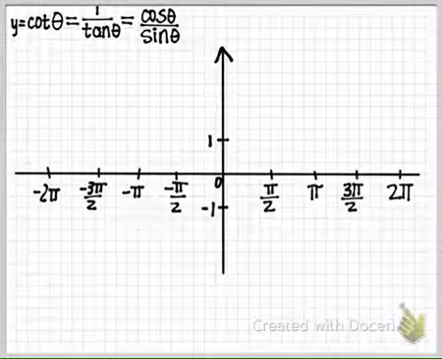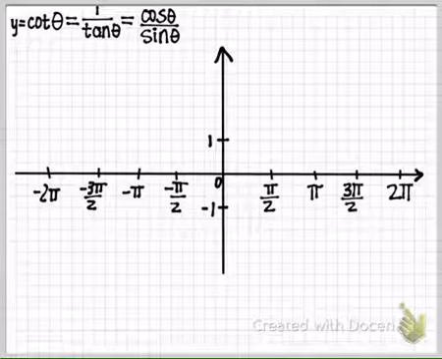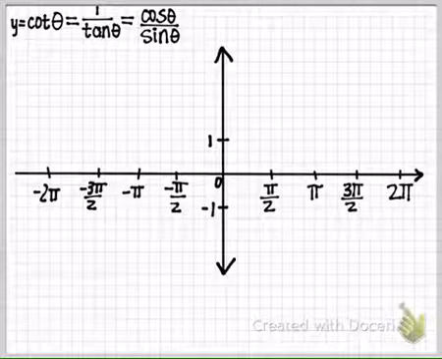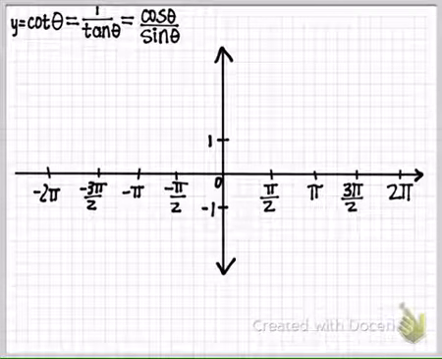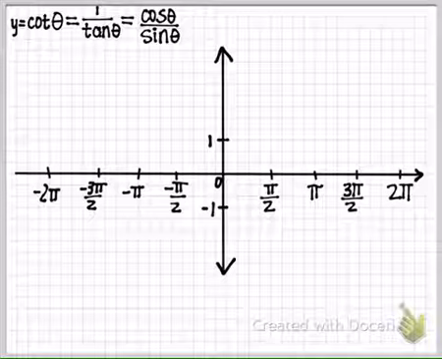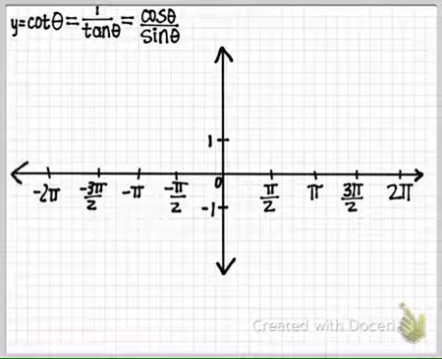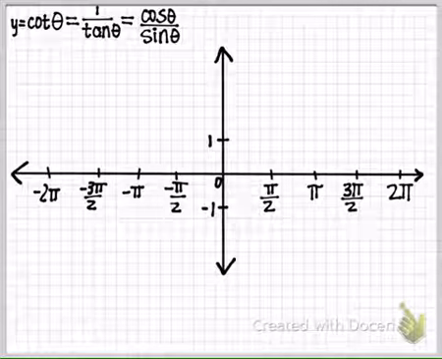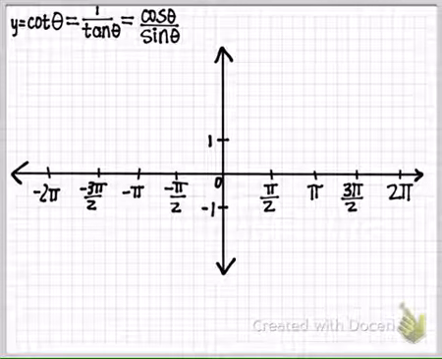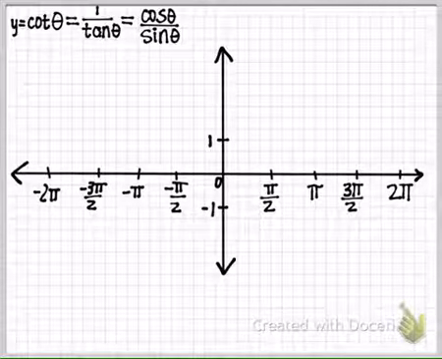Does it equal 0 at 0? It's undefined. Didn't you just tell me sine equals 0 at 0? And then cotangent is being divided by sine. So that means at 0, cotangent has an asymptote.